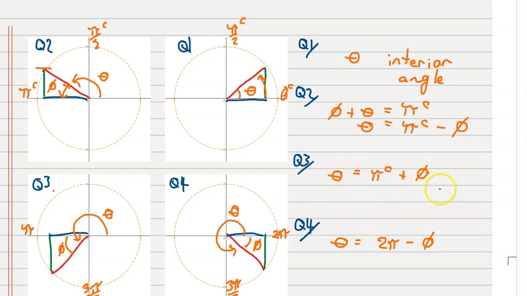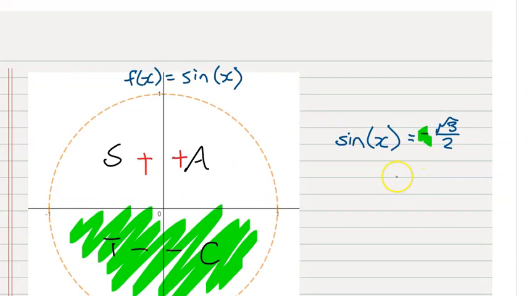We're not going to have an interior angle as a solution; we're going to get an angle from quadrant 3 and quadrant 4. So x equals pi radians plus the interior angle. The interior angle being the inverse sine of, notice I'm going to drop the negative here, I'm just going to write root 3 over 2.